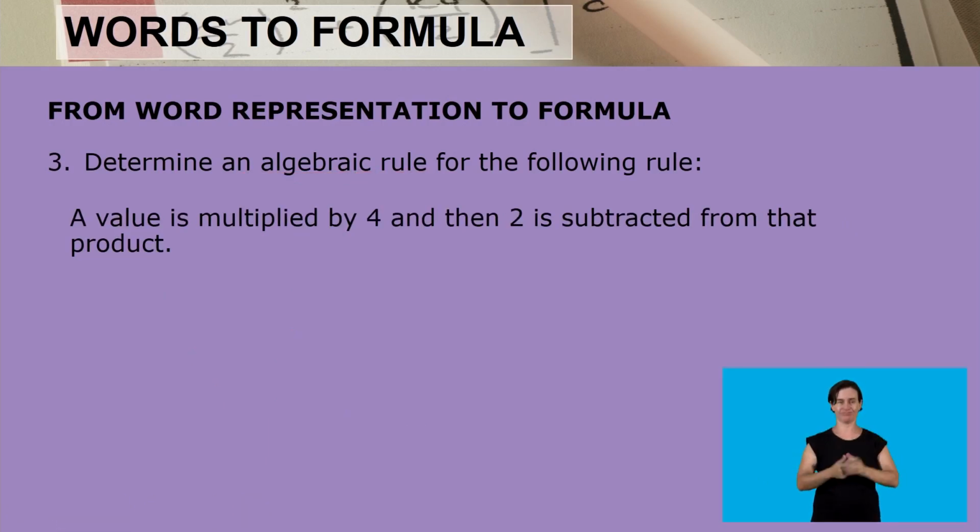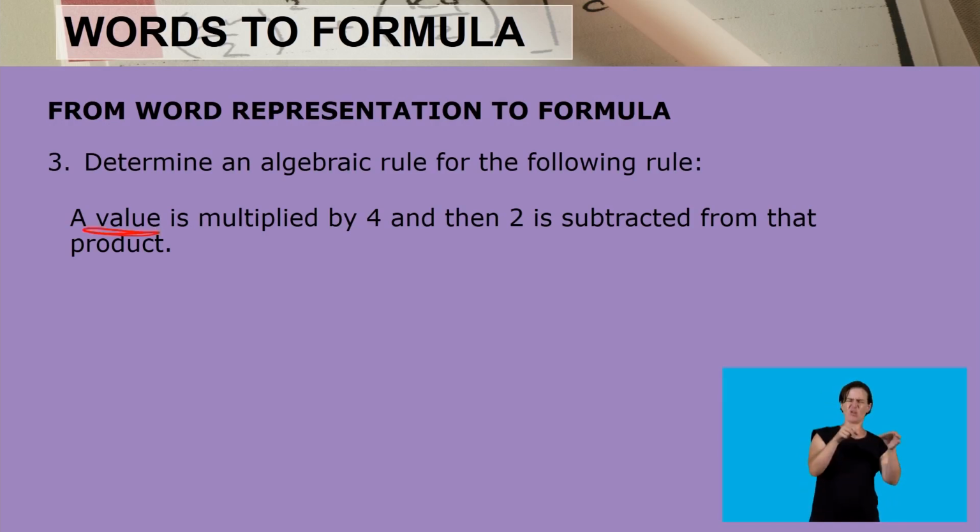Again, we are determining an algebraic rule from the statement because we are moving from word representation to a formula. It says there, a value is multiplied by 4, and then 2 is subtracted from that product. So we are going to take a value. What value are we talking about?